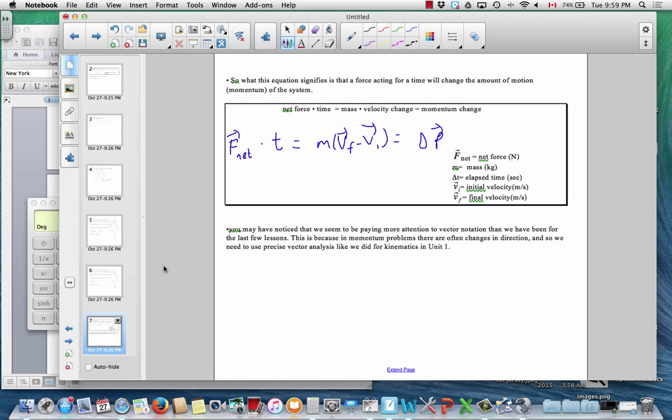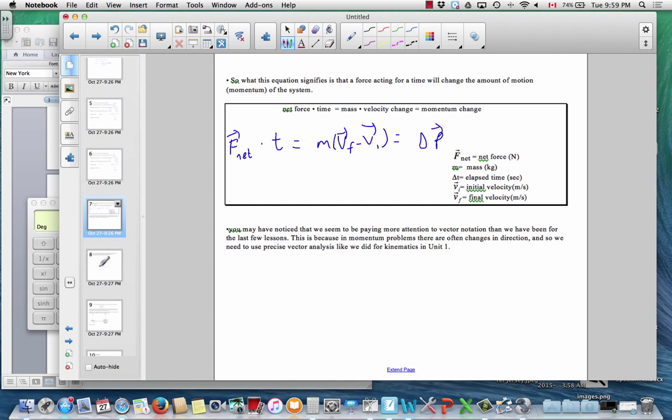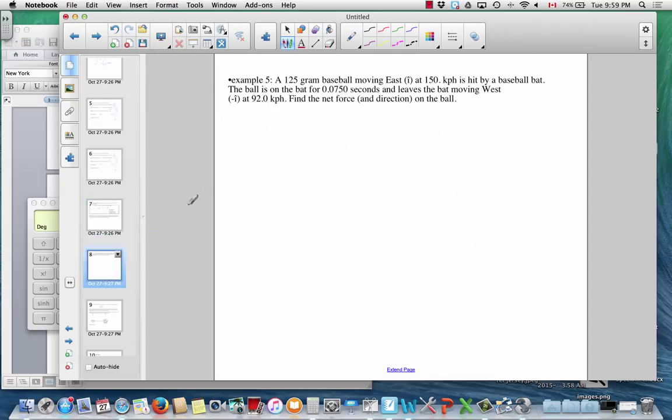And where do we use this? Well, it turns out really to be useful any place you'd apply Newton's second law in kinematics. Here's a typical example. So we've got a baseball, and it's moving in the positive direction at 150 kilometers an hour. And then we hit it with a baseball bat.